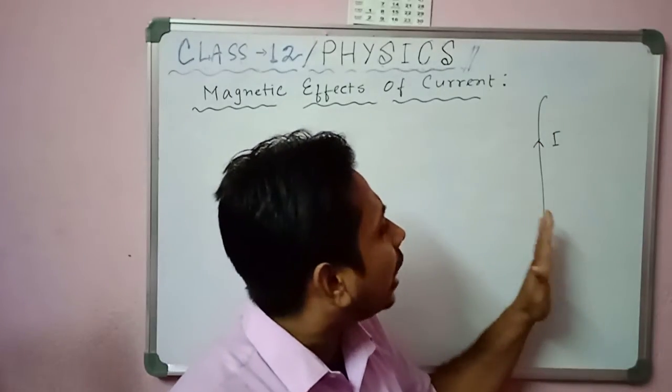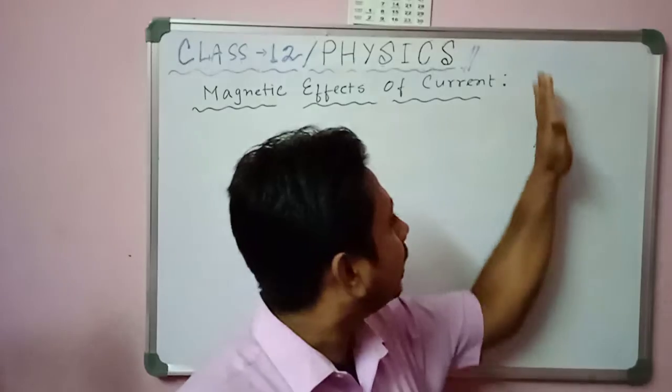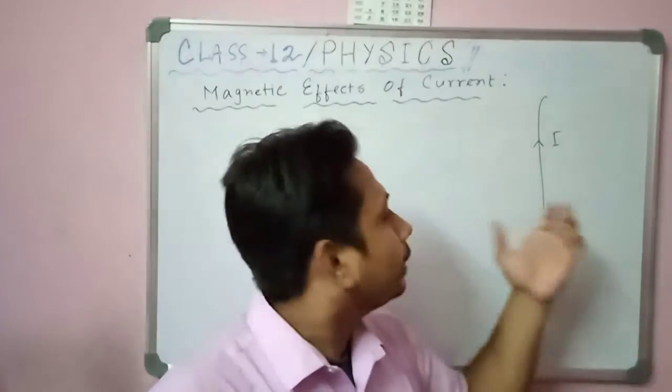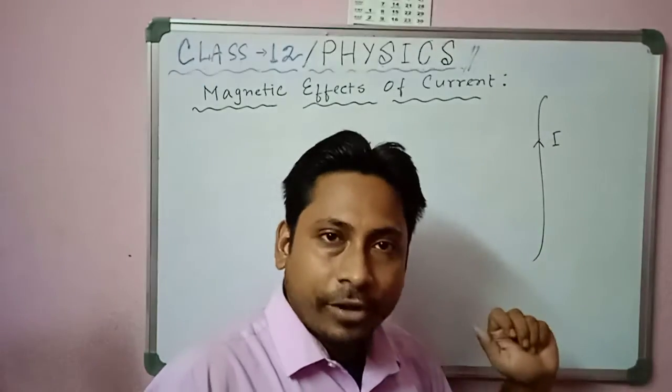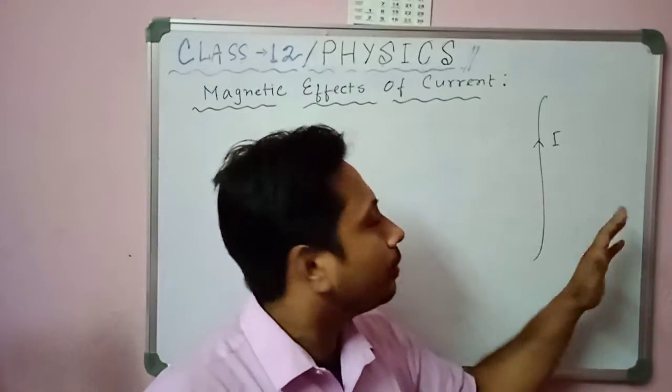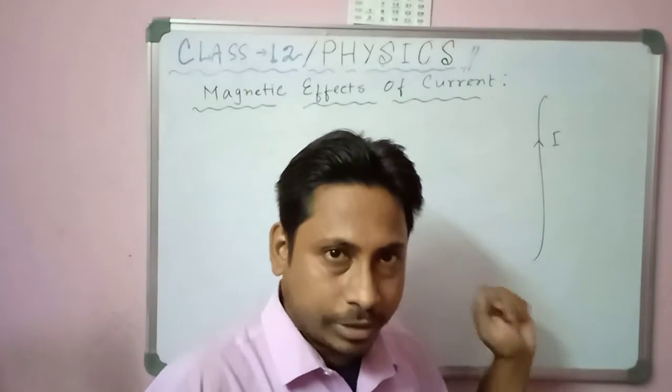Whenever charged particles move through the conductor, there is a magnetic field produced around the conductor, students.